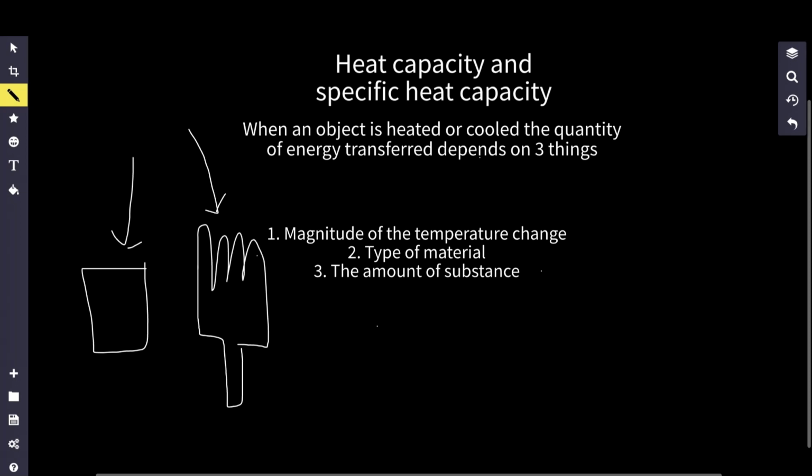And finally, the amount of substance. If you have a tiny piece of ice cube, you might be able to melt it easily with a tiny amount of heat. But if you have this giant ice cube, it's going to take more heat to melt it. So the amount of substance affects the energy transfer.